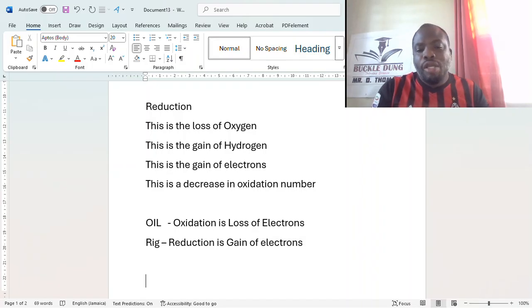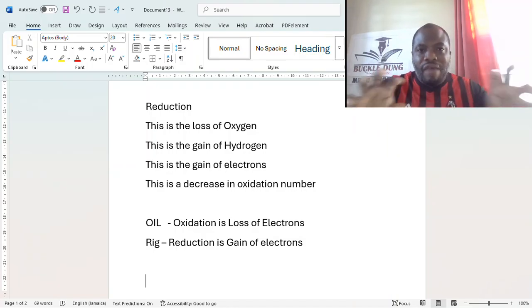So while we will look at how we deduce the oxidation state of the carbon in carbon dioxide, remember carbon dioxide is not going to stand alone. Say for example a combustion reaction, when an organic compound burns, you're going to get carbon dioxide and water. So you're going to have different compounds in a reaction.